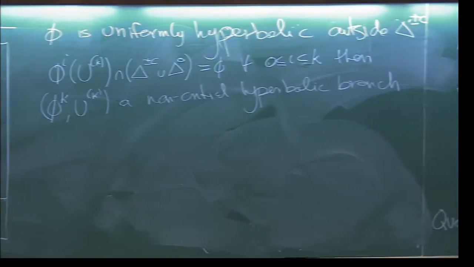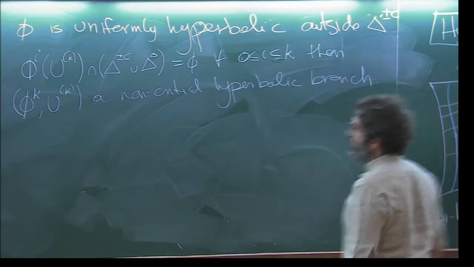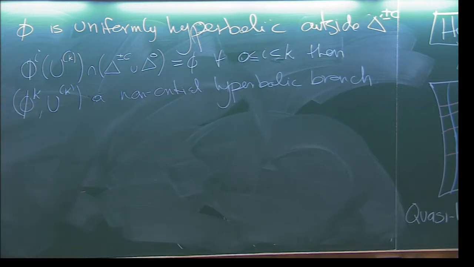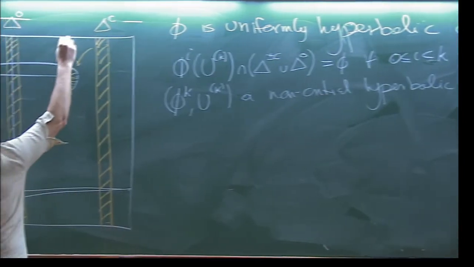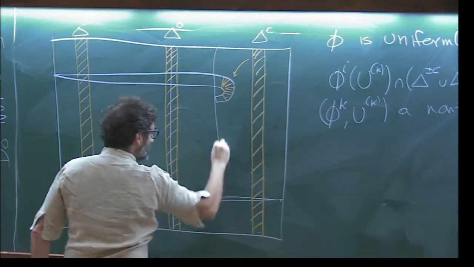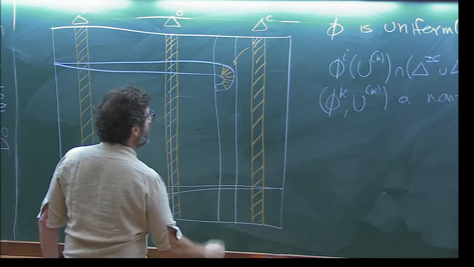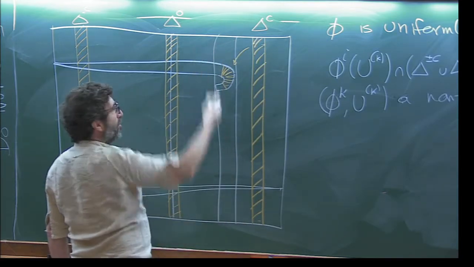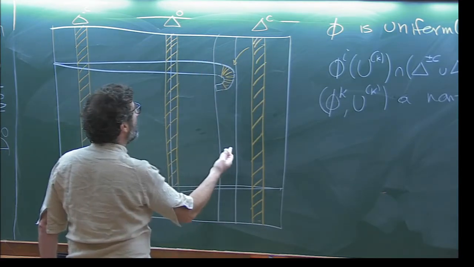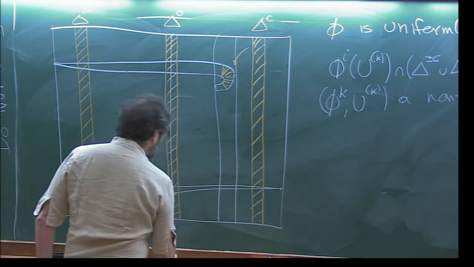So if you start with a hyperbolic branch, which therefore is admissible, and you take these unstable leaves, let's draw one here. In general, these hyperbolic branches will stretch all the way from here to here, because after one iterate they get shrunk very much and end up in here.